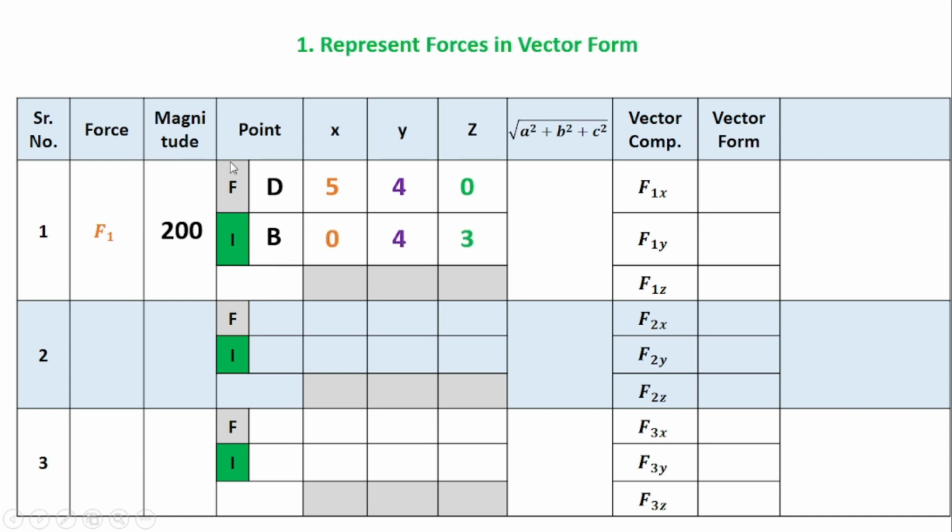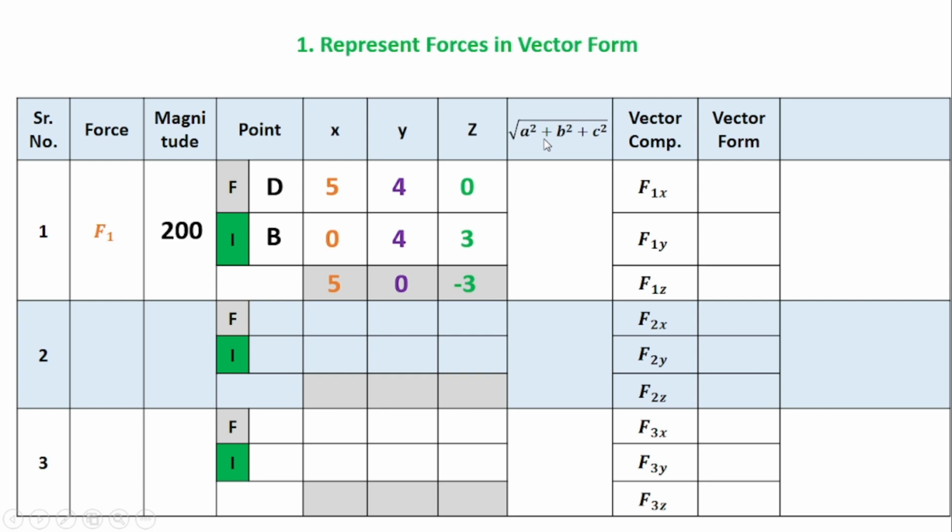Write it properly, final point above and initial point in the next line. Now 5 minus 0 is equal to 5, 4 minus 4 is equal to 0, 0 minus 3 is equal to minus 3. So this is the value of A, this is the value of B and this is the value of C.